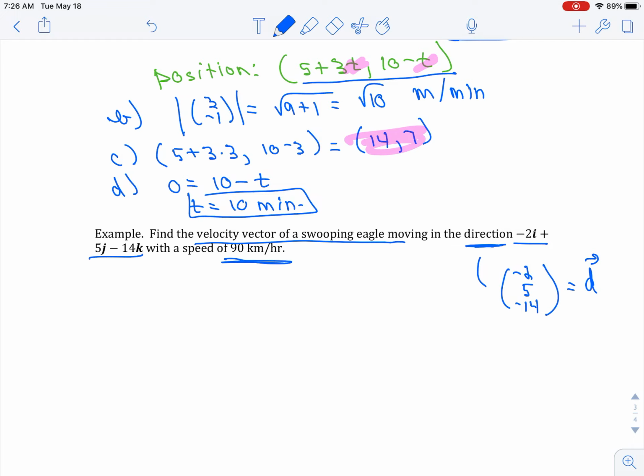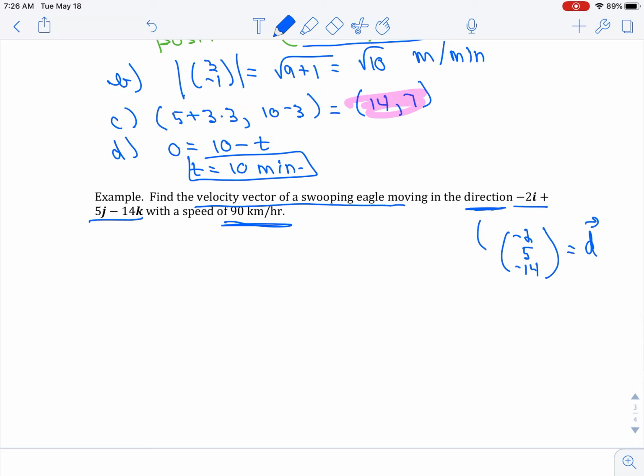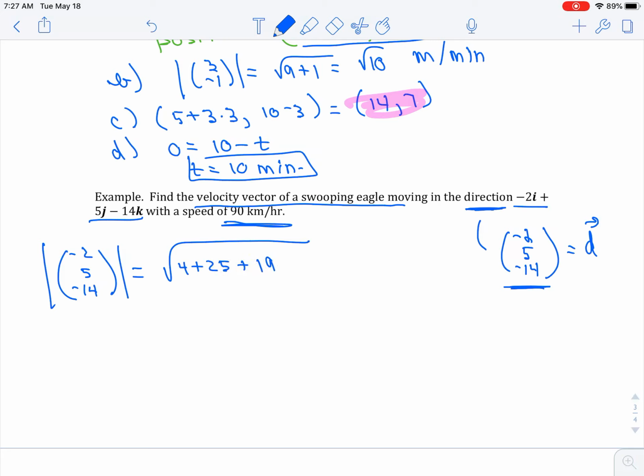It's telling us we're going in that direction. So we want to find the magnitude of (-2, 5, -14). That's the square root of (-2) squared, which is 4, plus 5 squared, which is 25, plus 14 squared, which is 196. So we end up with the square root of 225, which is 15.